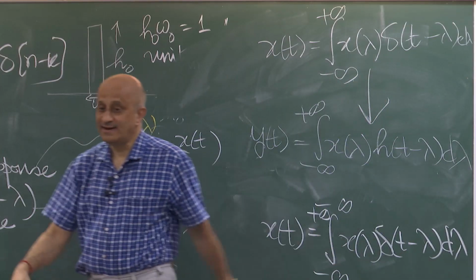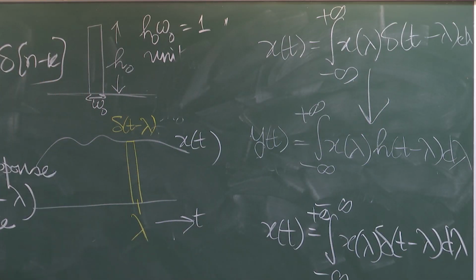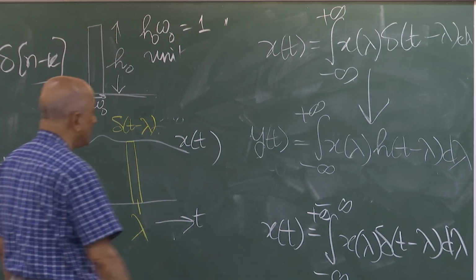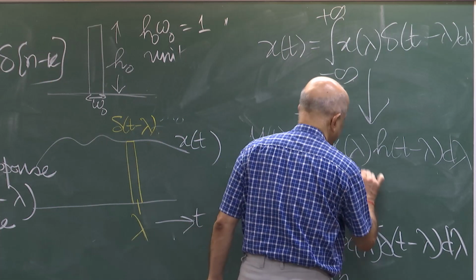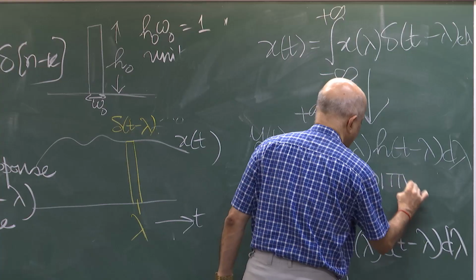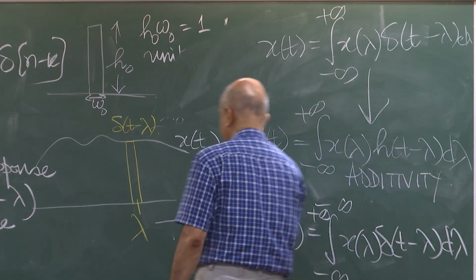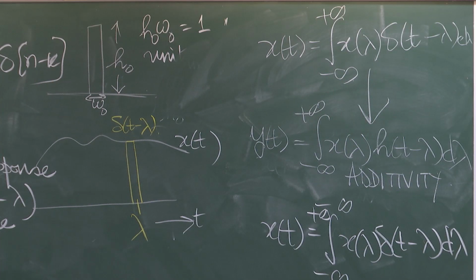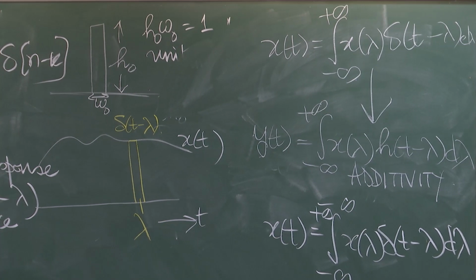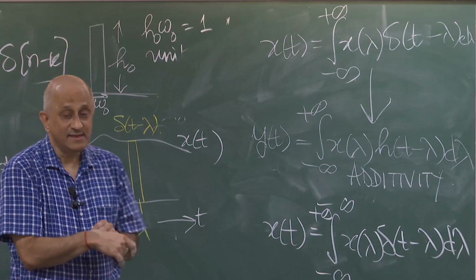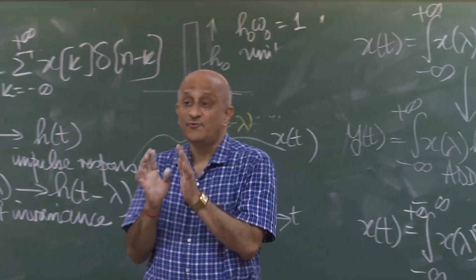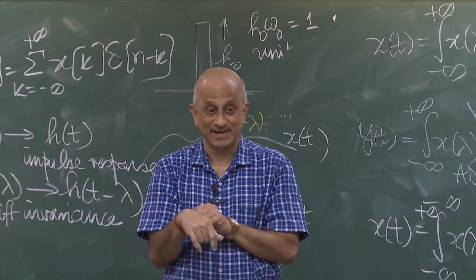What are we invoking here? Additivity. We are invoking additivity. Is that right? So, the proof is very similar. Now, anyway, this was also meant to give you a full understanding of the unit impulse.